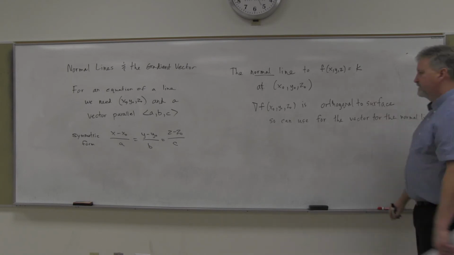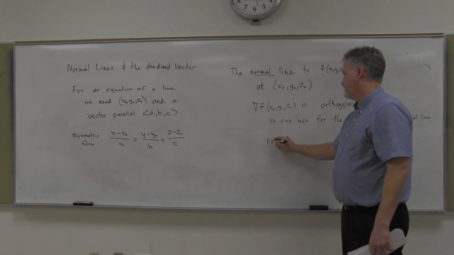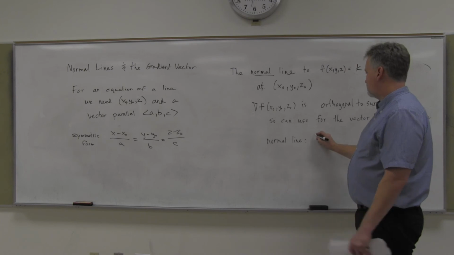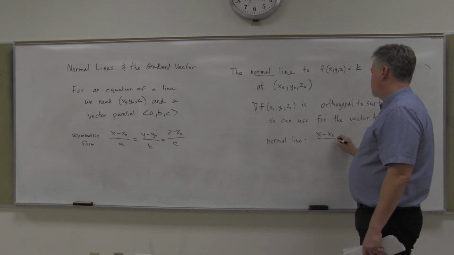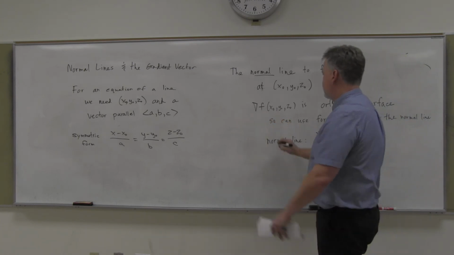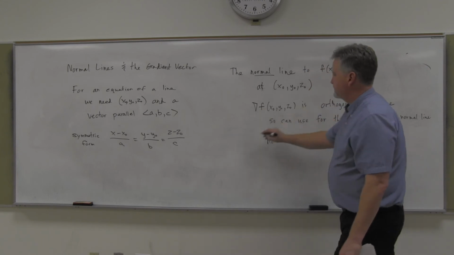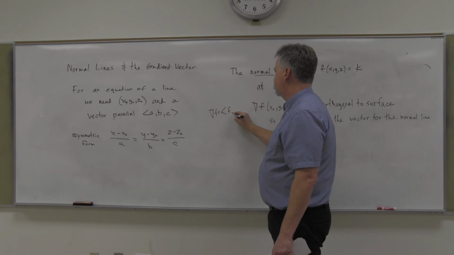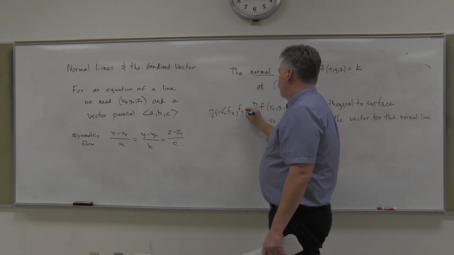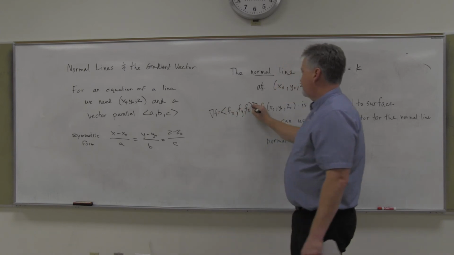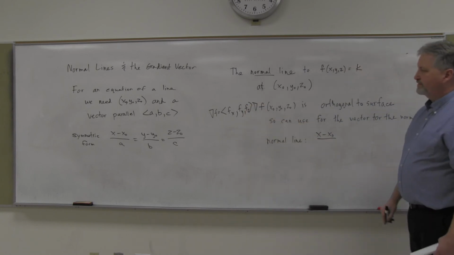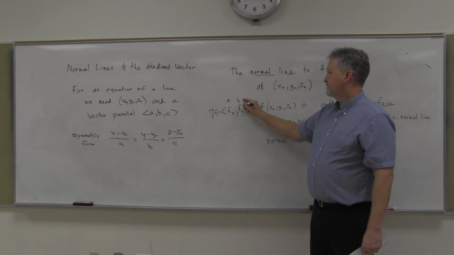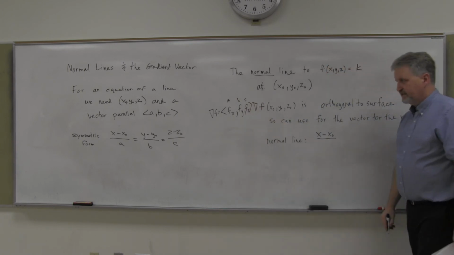So hence, the normal line is going to be x minus x0 over, all right, so our gradient vector is: the a is the partial of f with respect to x, the b is the partial of f with respect to y, the c is the partial of f with respect to z.